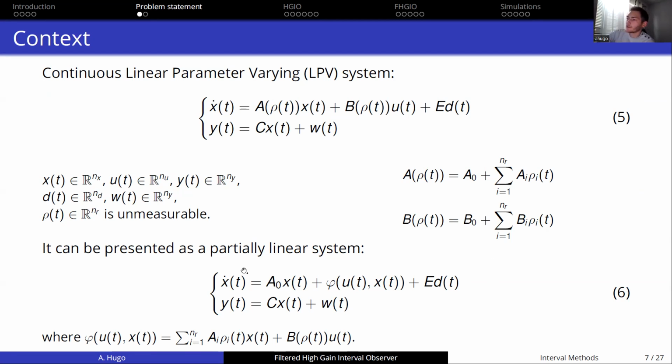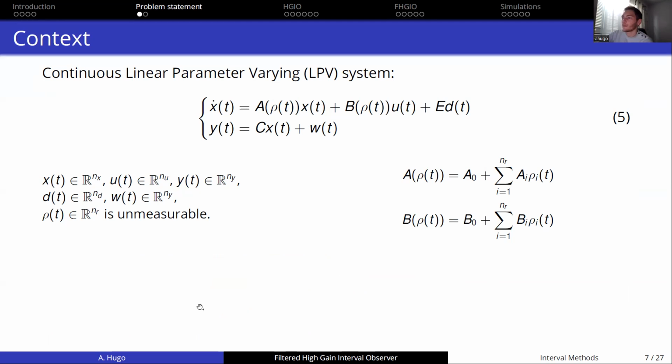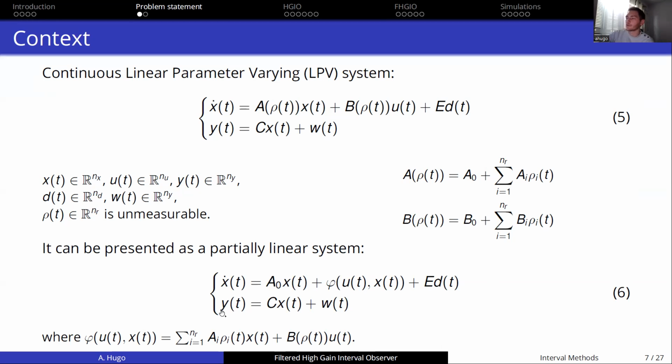So we will consider now equation 6, which is equivalent to 5 when phi is taken as, I don't know if you can see it. Sorry. But yeah, phi takes into account the uncertainties related to the scheduling vector and also the input.